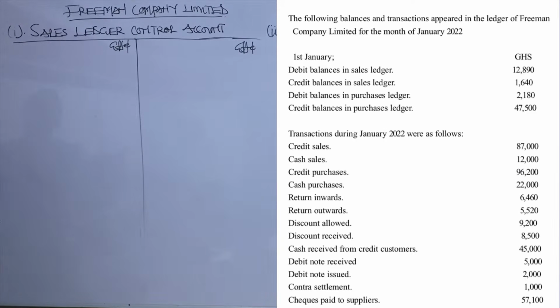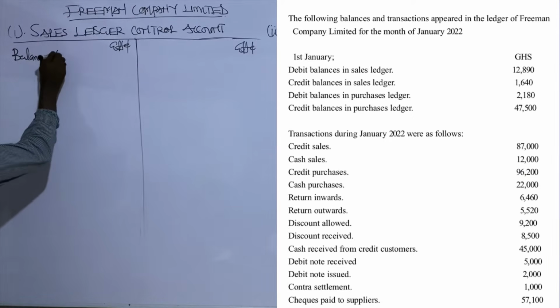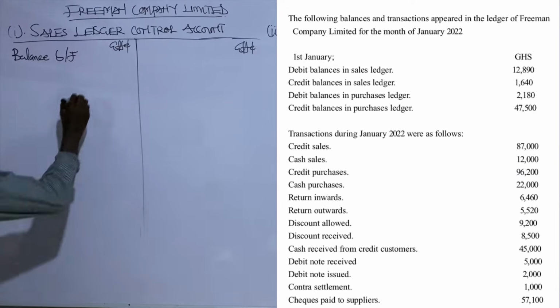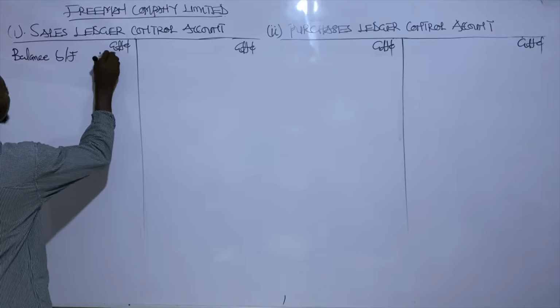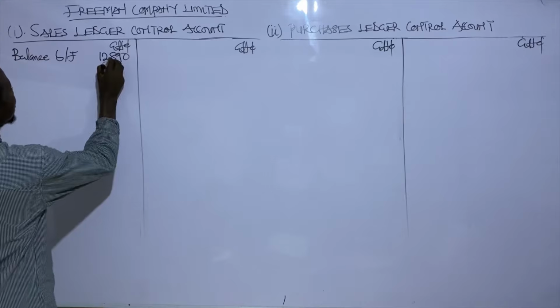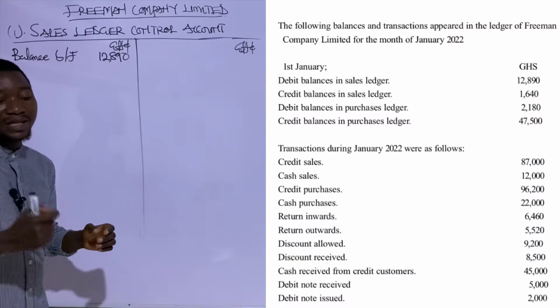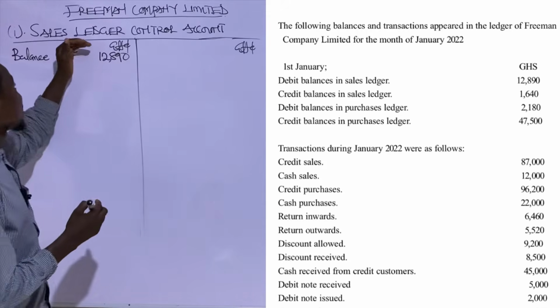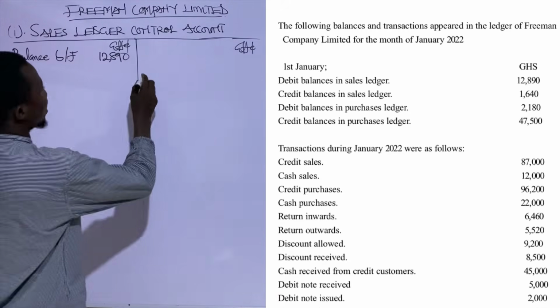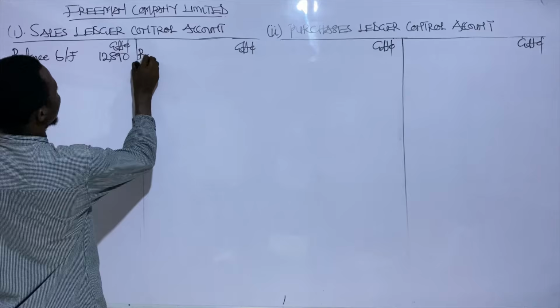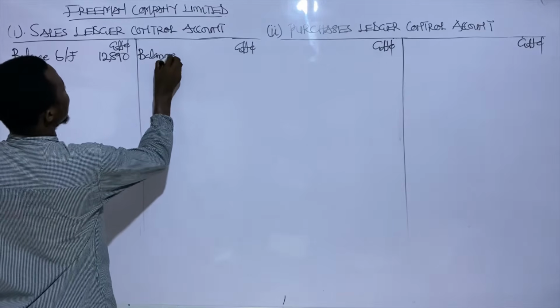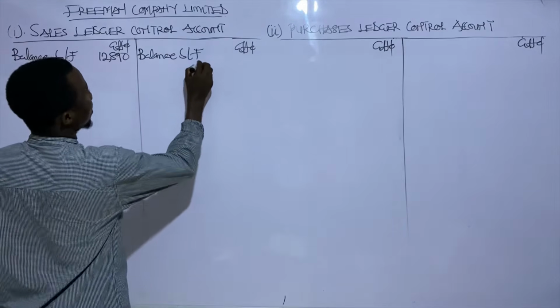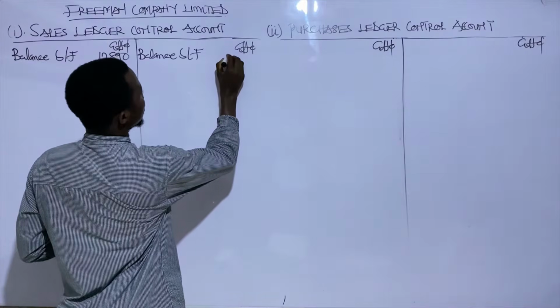So a debit balance, and this is a balance brought forward, 12,890. The second item says credit balance in sales ledger, 1,640. So when it comes to the sales ledger, we record the opening balance brought forward, 1,640.